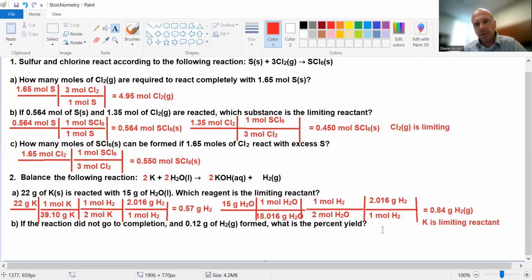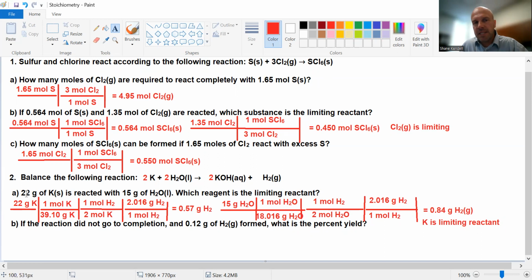So given that we've got the hydrogen, that's already part of our work done for us for this question. Because what B's asking is, if we only form 0.12 grams of hydrogen, how does that compare to what we would have expected to form? So how much would we have expected to form if it went to completion? We would have expected the 0.57, okay?